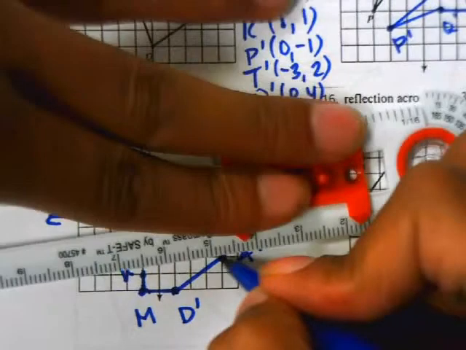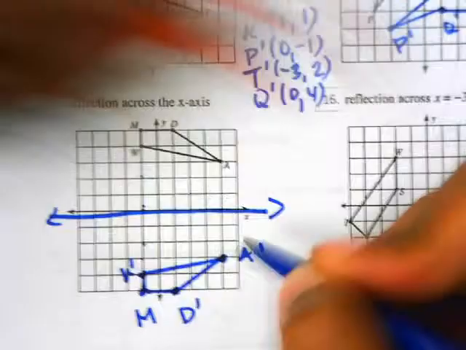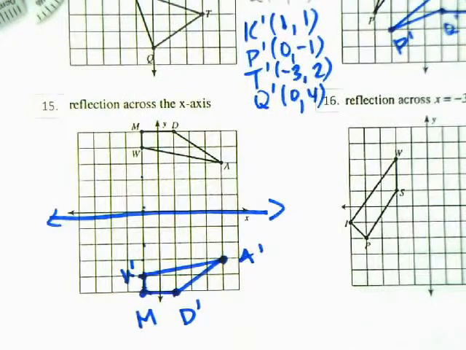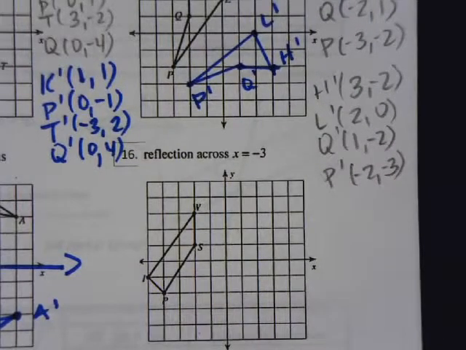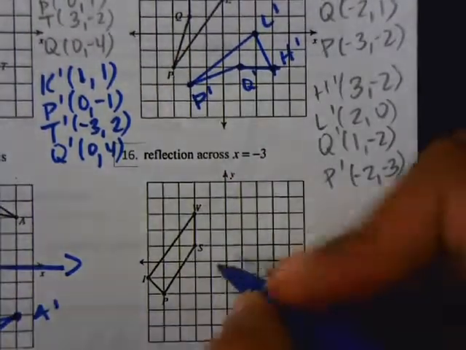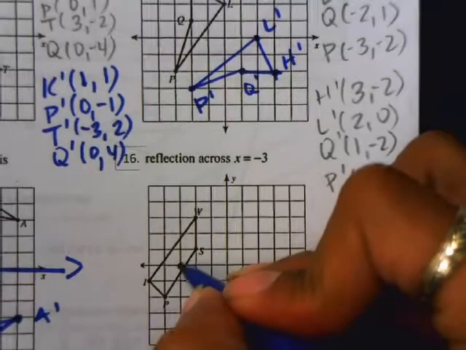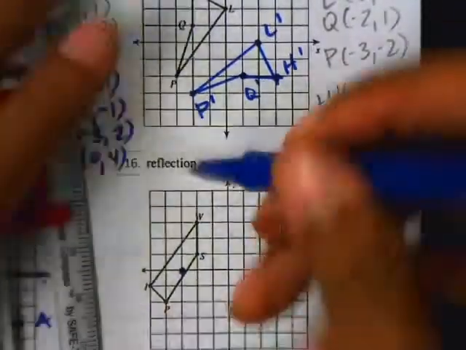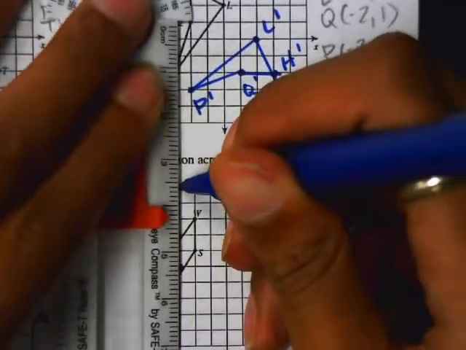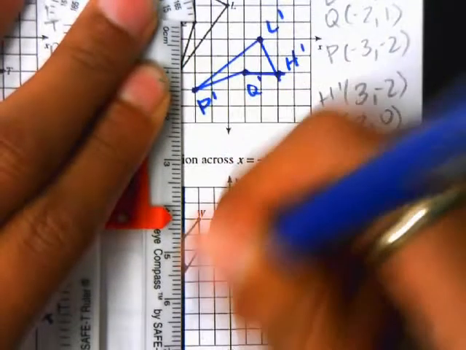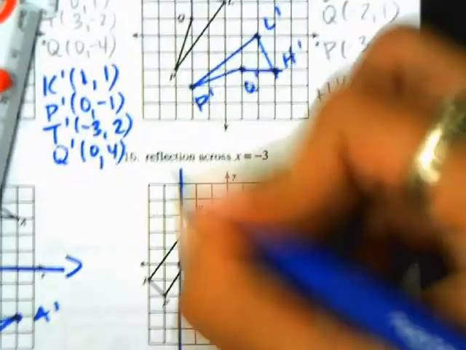Next one, they want you to reflect it across the x equals negative 3 line. So x equals negative 3 is our line of reflection. Negative 3 is 1, 2, 3 right here. So that is x equals negative 3. Again, I know it goes like this because it is crossing the x-axis at the negative 3 point. Alright? So S went right once, and then S prime is going to go left once.